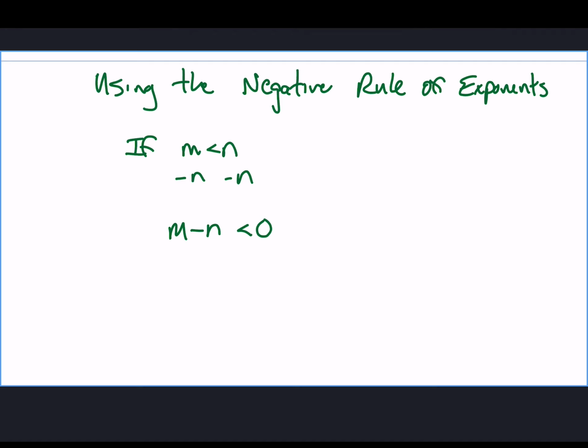Okay? So let's try, maybe not an example, but a consider. H to the 3rd power over h to the 5th power. We can still use the quotient rule, or a variation of it. What would we do with those exponents? We won't flip them around, but we will still subtract.